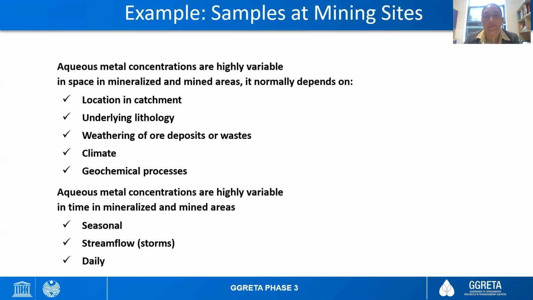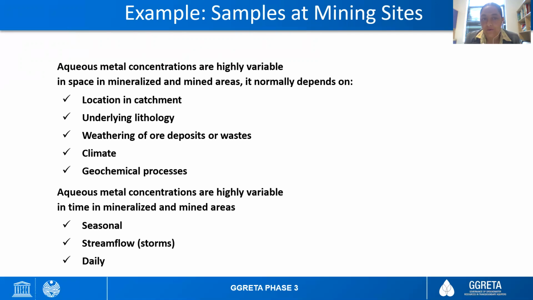An example of a mining area. We know that aqueous metal concentrations are highly variable in mining areas, and it normally depends on the location in the catchment. So where are you with respect to maybe the source? What is the underlying geology?